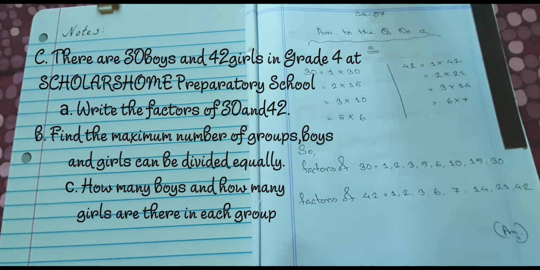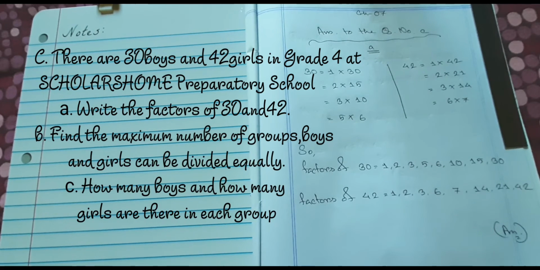You can see over here: write down the factors of 30 and 42. B number question is, find out the maximum number of groups into which girls and boys can be distributed equally. C number question, how many boys and how many girls are in each group.